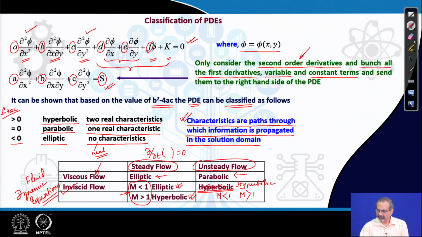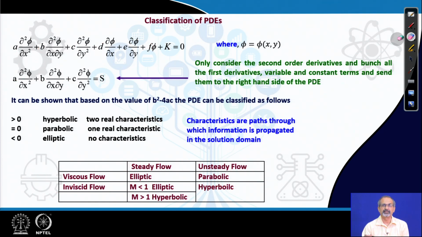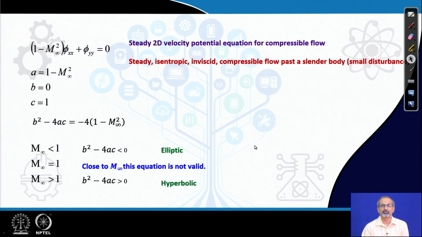So, depending on the kind of equations that we are handling, there are differences in the way the fluid dynamic equations behave, and therefore, obviously, when we talk about numerical schemes in computational aerodynamics, the numerical schemes will differ.